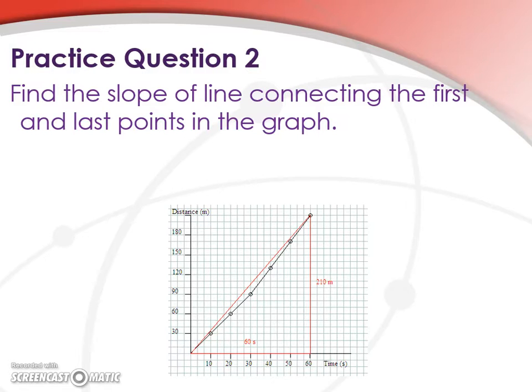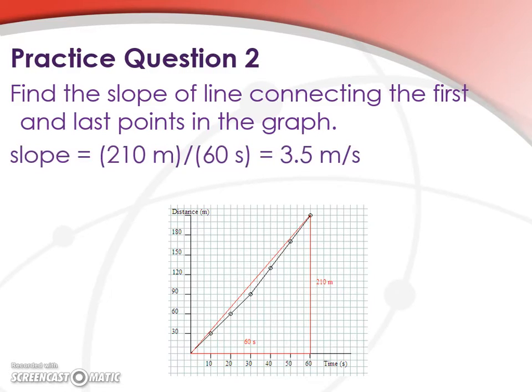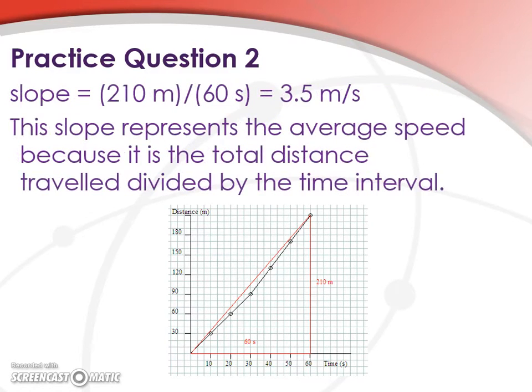And we get 210 meters divided by 60 seconds, or 3.5 meters per second. So what's that 3.5 meters per second? Well, that's the average speed, right? So across that 1 minute, she traveled 210 meters. We can calculate her average speed very easily. Total distance traveled divided by the time interval.